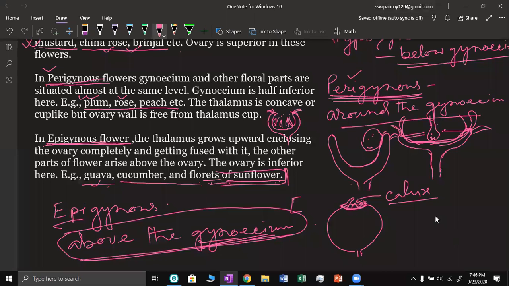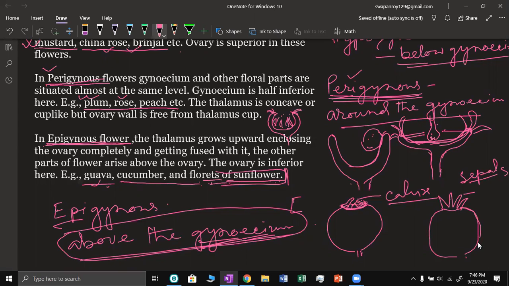You know pomegranate. In the pomegranate, you can see how do you draw the pomegranate? So these are the hard woody sepals, that is the calyx.